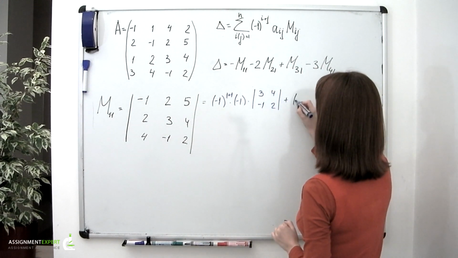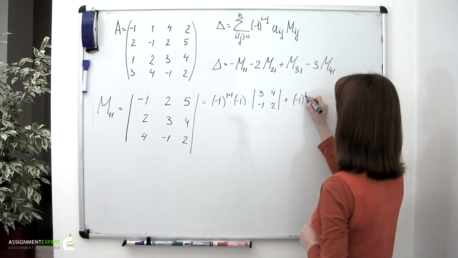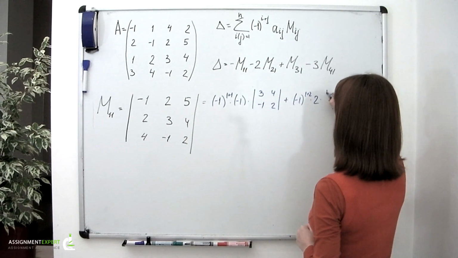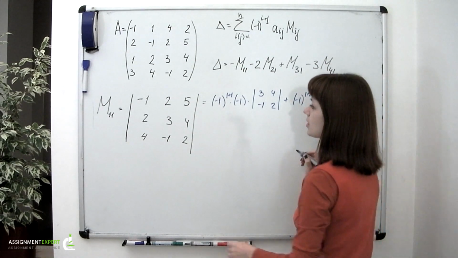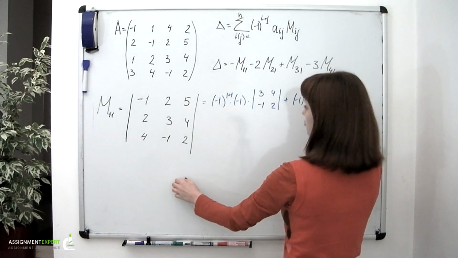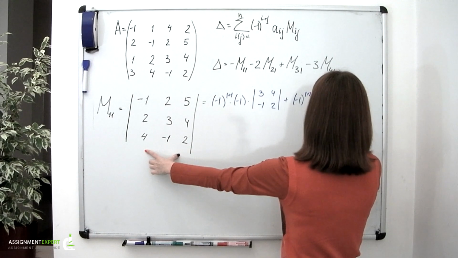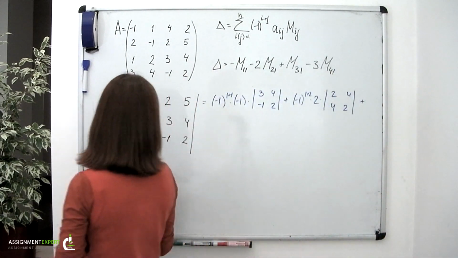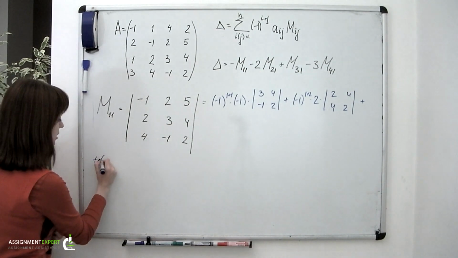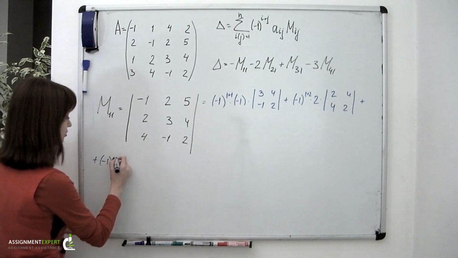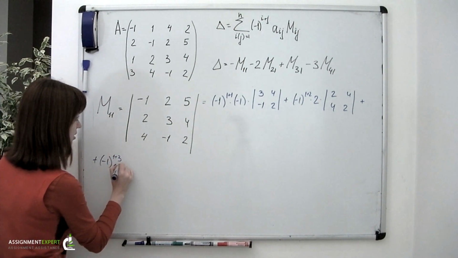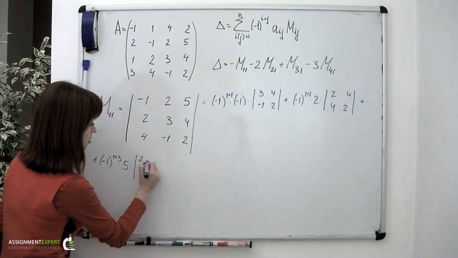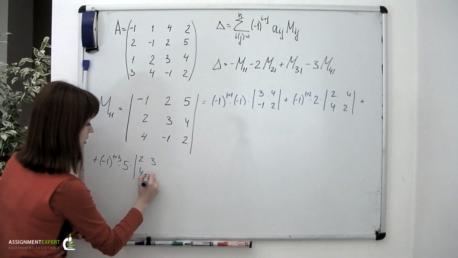Plus negative 1 to the power of 1 plus 2 times 2 times the determinant which is left, and that is 2, 4, and 4, 2. And then plus negative 1 to the power of 1 plus 3 times 5, and times determinant 2, 3, 4, and negative 1.